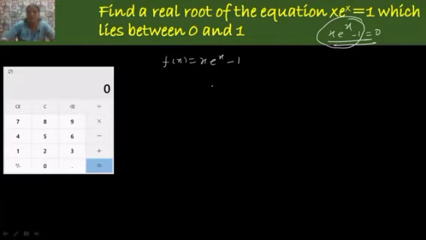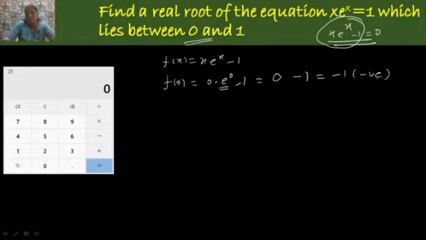As usual, since the interval is already given, we have to verify it. Let me start with the value 0: 0 e power 0 minus 1. Whatever the value of e power 0, when you multiply by 0 you get 0, minus 1 is minus 1, a negative value. Next substitute the value 1: 1 e power 1 minus 1, that is e power 1 minus 1.